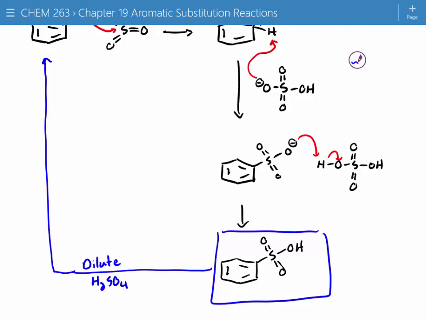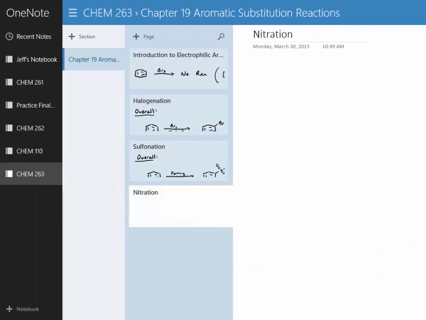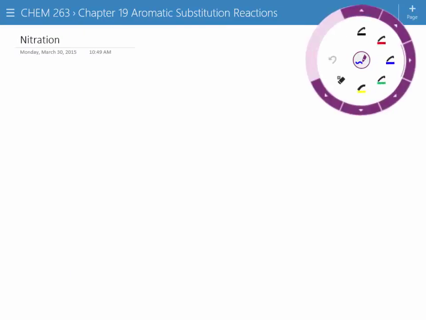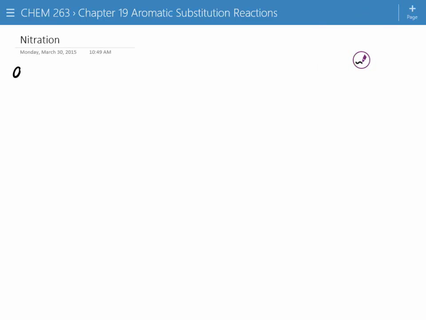All right, the next one. It's one of my favorite reactions because I have so many. And this is nitration. So let's say we've got, let me just go straight to the product and then I'll fill in the reagents.